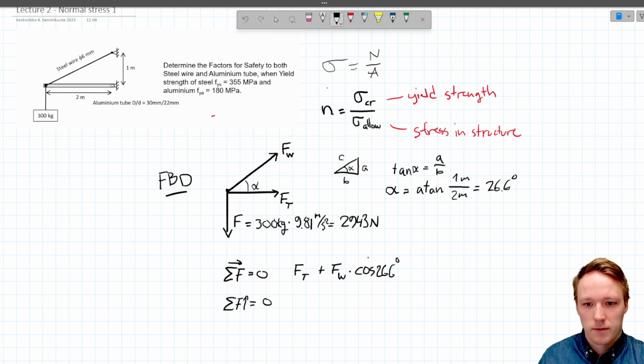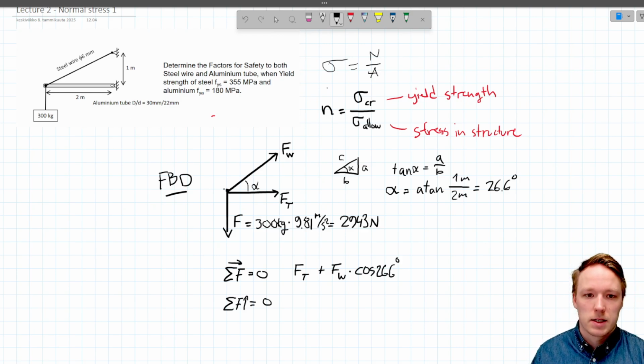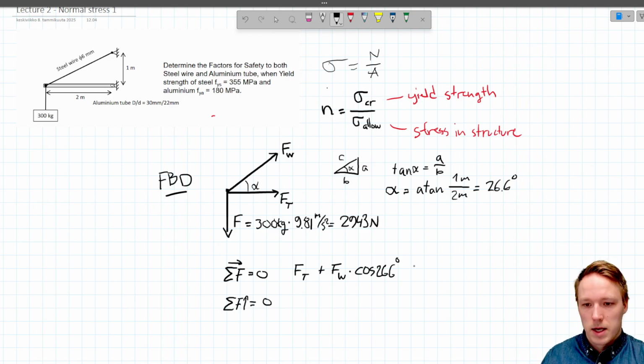So Fw times cosine 26.6 is the horizontal component of the Fw, and these are all the horizontal forces, and this has to be equal to 0. We call this equation number 1. And then all the vertical forces, so we have the Fw.